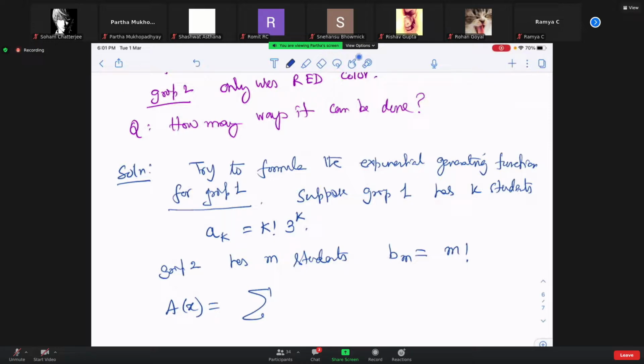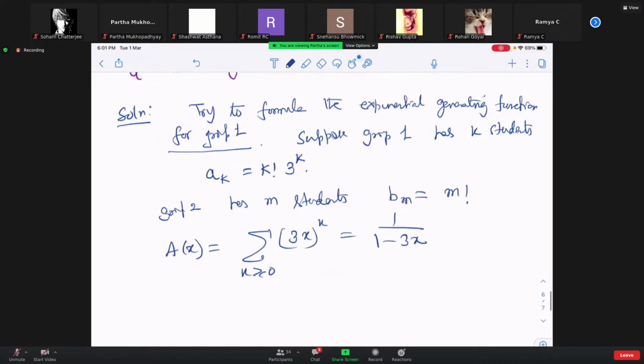So this k factorial will go away, and this will be (3x)^k. So A(x) is simply 1/(1 - 3x). What is B(x)? It is the sum of b_m by m factorial times x^m, so this is simply x^m, which gives 1/(1 - x).